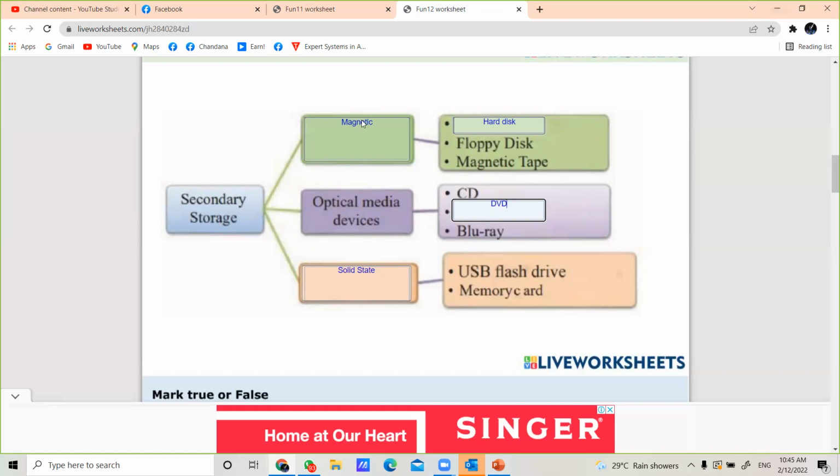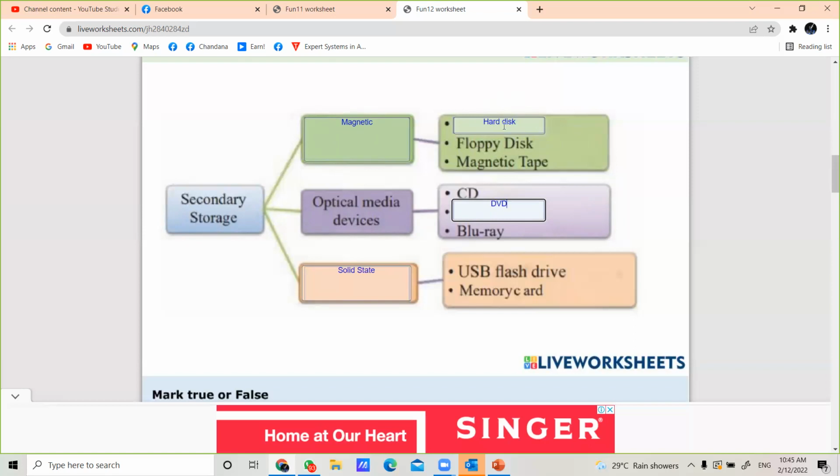Then we want to get some idea about these examples. We are not going to discuss all of these examples in detail, but we want to get an idea about some of the devices in detail. Therefore, the first one we are going to discuss under magnetic devices is the hard disk. We should know this one in detail. What is a hard disk?